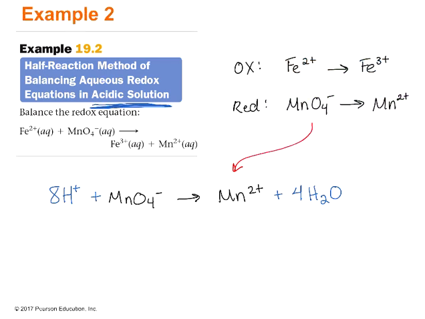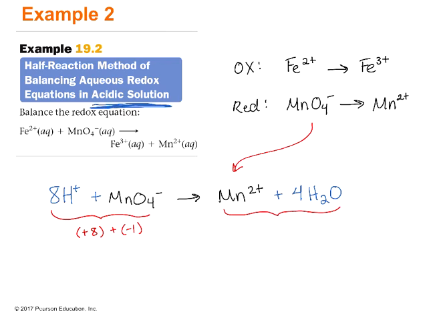I'll do that in red. On the left-hand side, we have 8 positive charges, so I'll just write plus 8. And then we have 1 negative charge from permanganate. What about on the right-hand side? What's the total charge there?